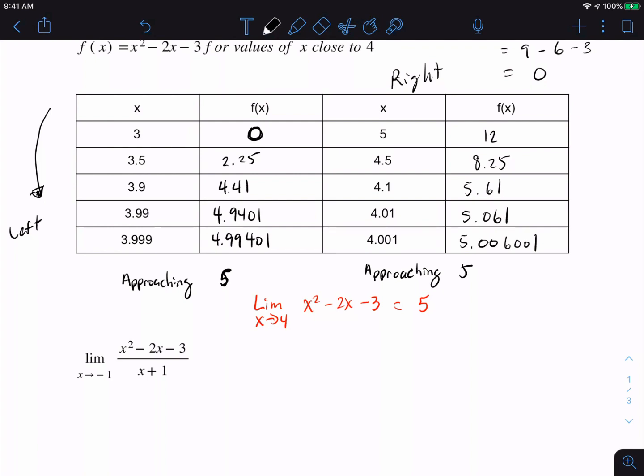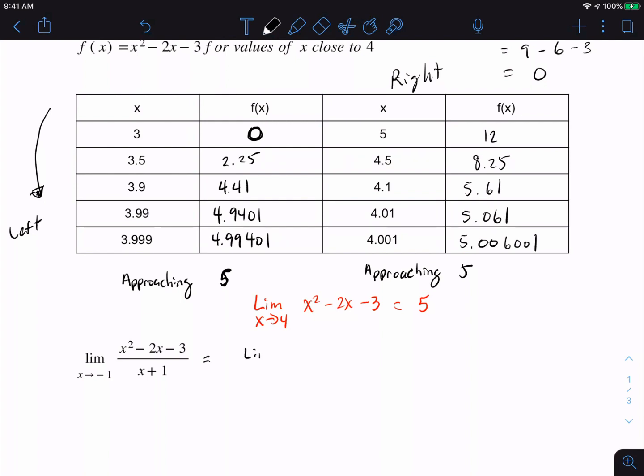So now look at this one. In this problem here, I'm going to do the limit of this thing. As I'm doing the limit, I can see that the top portion of this thing is factorable.